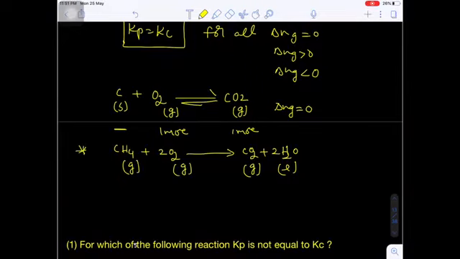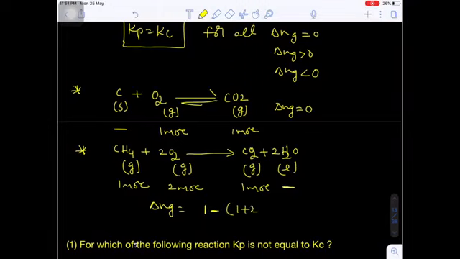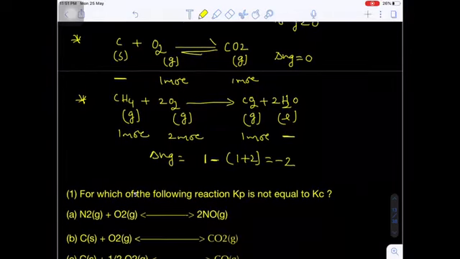Remember, this is very important. Now this is how many moles? 1 mole. This is 2 moles. This is only 1 mole. This is no moles, because number of moles is not considered for liquids and solids. Now what is the delta Ng here? Total number of moles of gaseous products minus total number of moles of gaseous reactants, that is equal to minus 2. Are you getting my point?